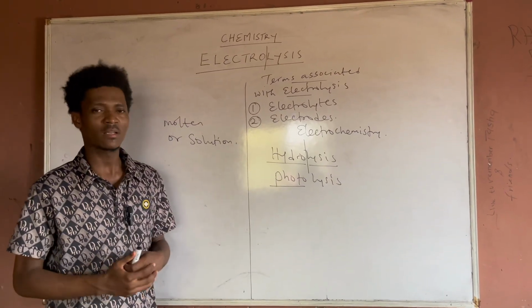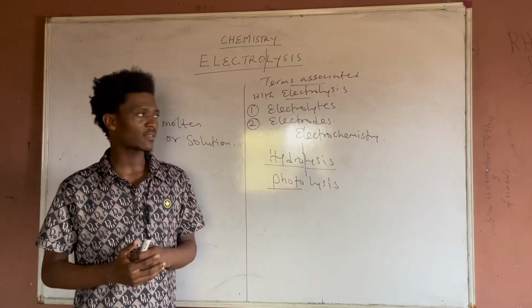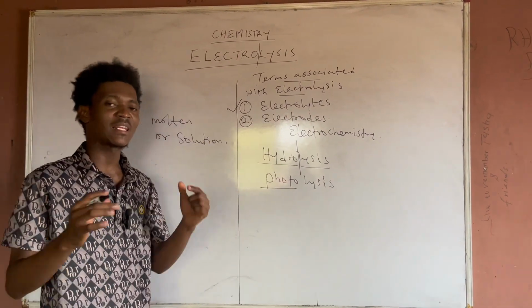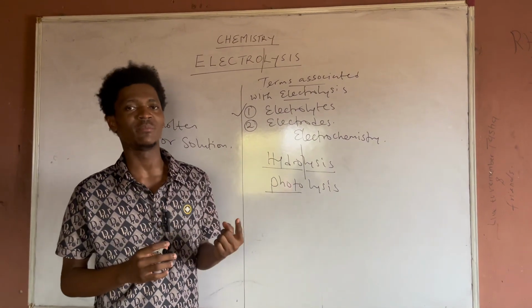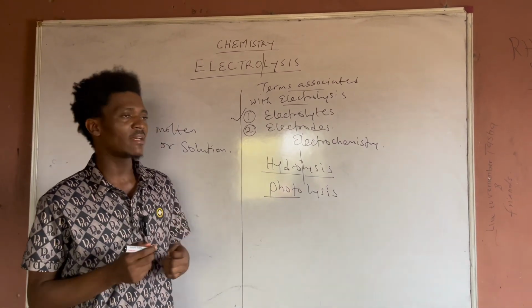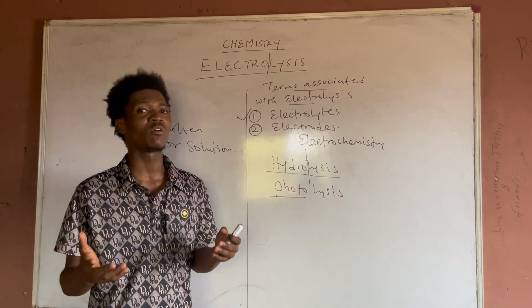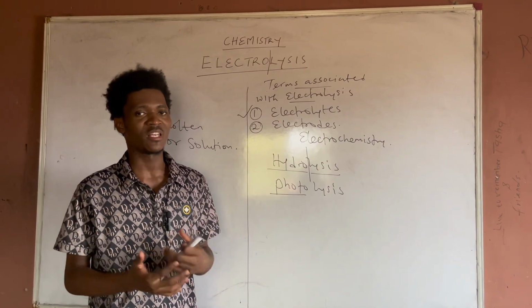Starting with electrolytes. What are electrolytes? Now, electrolytes are simply compounds that allow the passage of current through them, meaning anything that permits the passage of current through it is said to be a good conductor of electricity.